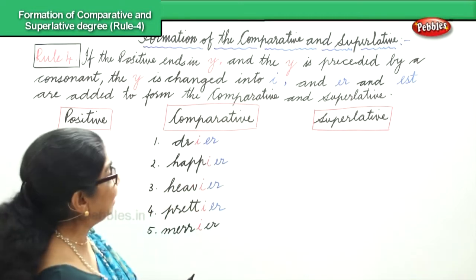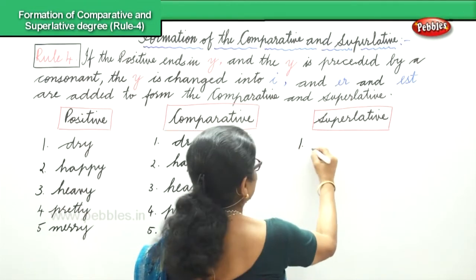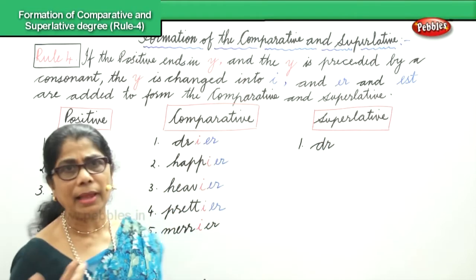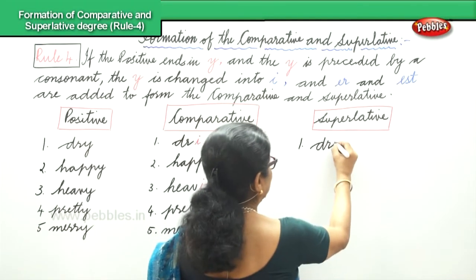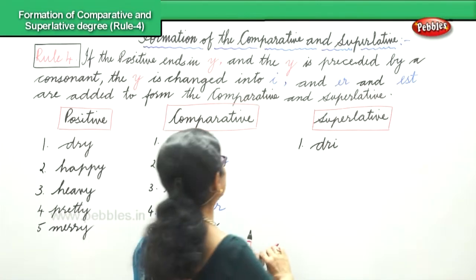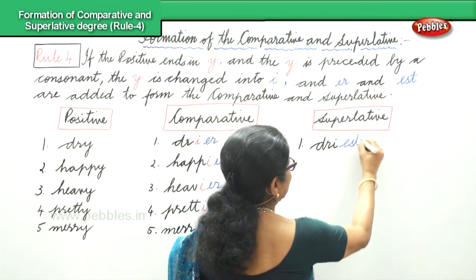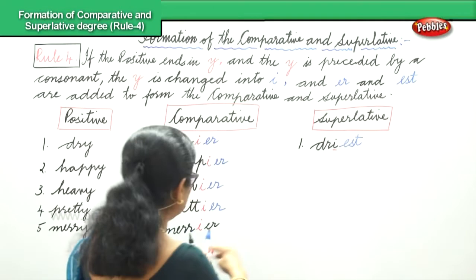Next, we go into the last one. Here, EST is added. So, the first one is dry, and here you have already added I. You already added I, dry, and then you add EST. Here, what are we adding? We are adding EST. And the second one, so I is already added here, and then we go on.